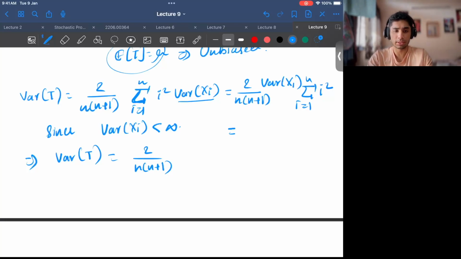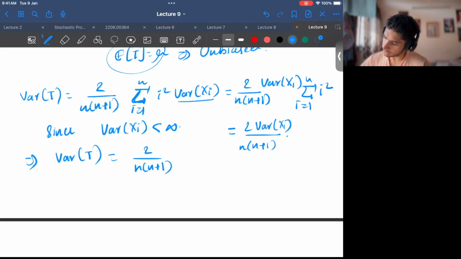I don't remember, let me check it out. It's n into n plus 1 into 2n plus 1 by 6. So I'll write that down: variance of x1 times n into n plus 1 into 2n plus 1 by 6.